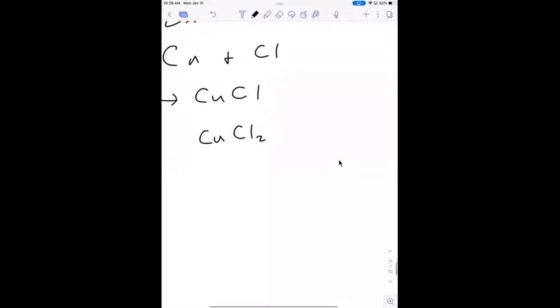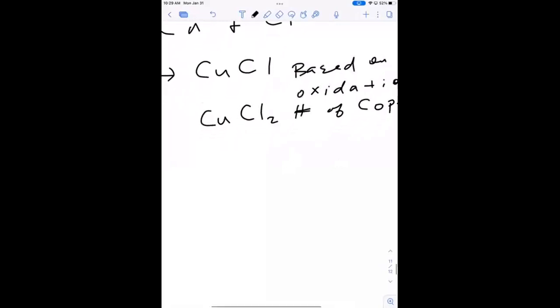So this is based on the oxidation number of copper, right? Remember when we talked the other day a little bit about nomenclature, and I said that you would use the crisscross method to write out the molecular formula for some of these compounds, right?